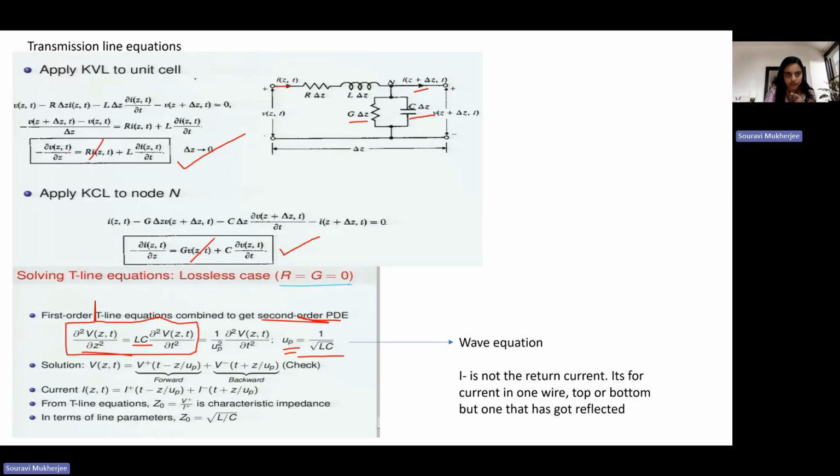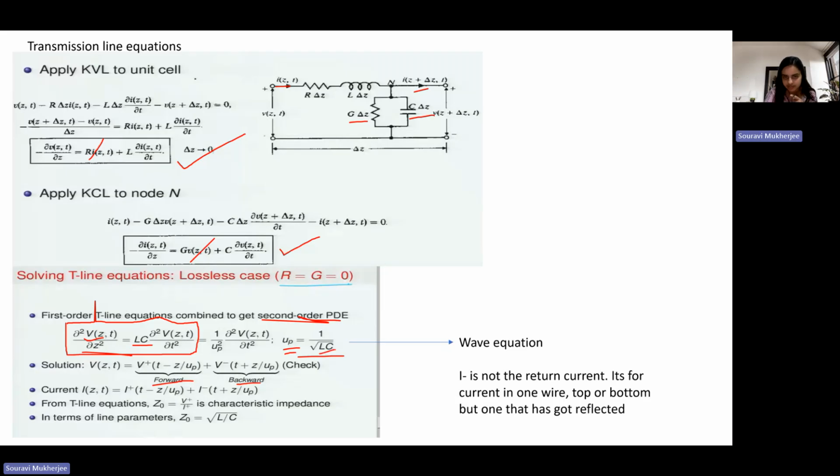Okay, so here you have voltages and currents, and you can write the current in terms of voltage and get a second order differential equation for voltage. So that means the solution to this equation is the voltage, as a function of time and position along the transmission line. And that solution voltage is a wave. Okay, and it can be written as a summation of forward and backward moving waves, where the velocity of the wave is given by this relation here.